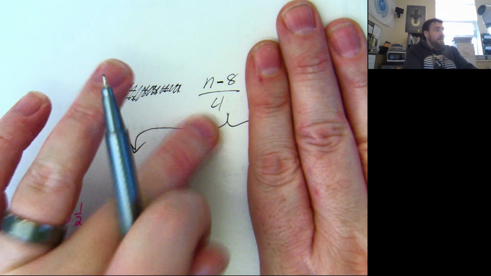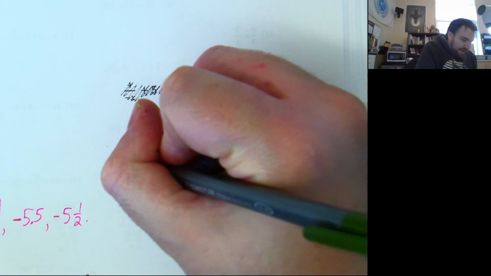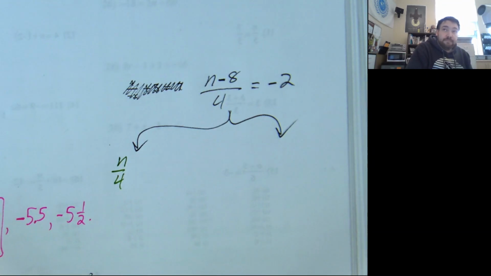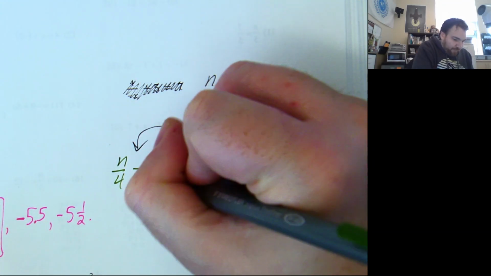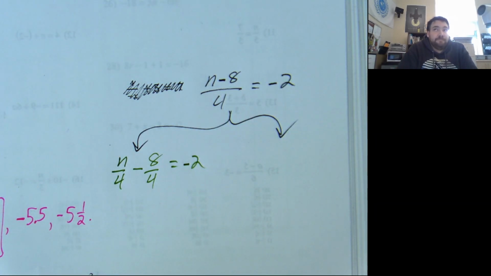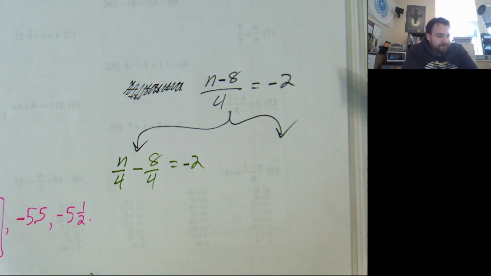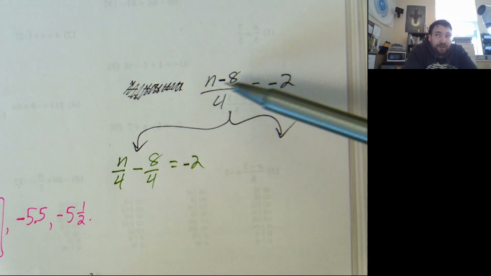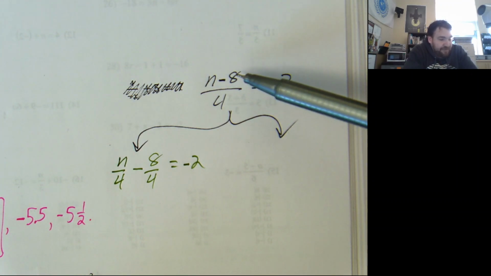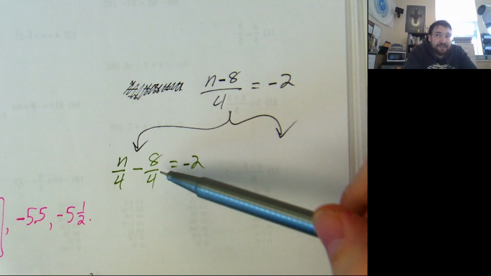So that's the first possible technique. I'm going to rewrite this as n over 4 minus 8 over 4 equals negative 2. When you've got a polynomial, in this case a binomial, in the numerator, one technique is to solve it like this.